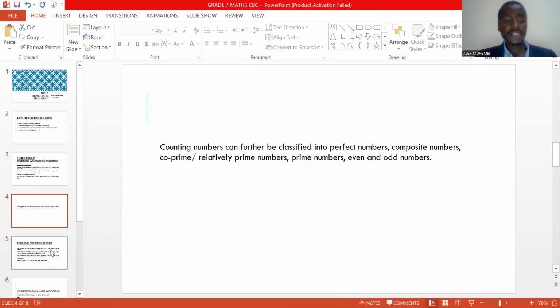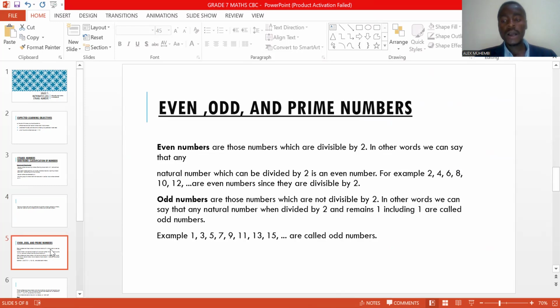Now we can look at the even, the odd and the prime numbers. By the way, we are going to simply focus on these three, the even, the odd, and the prime numbers. So I will start with the even numbers.